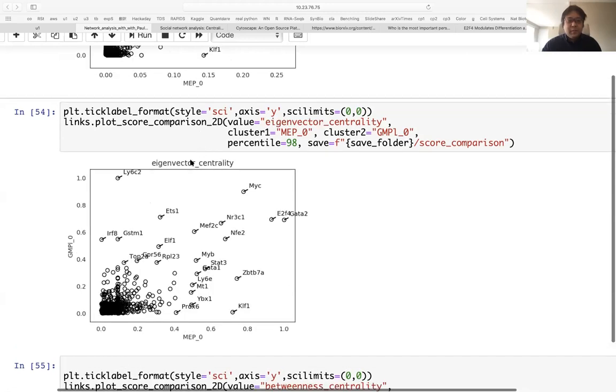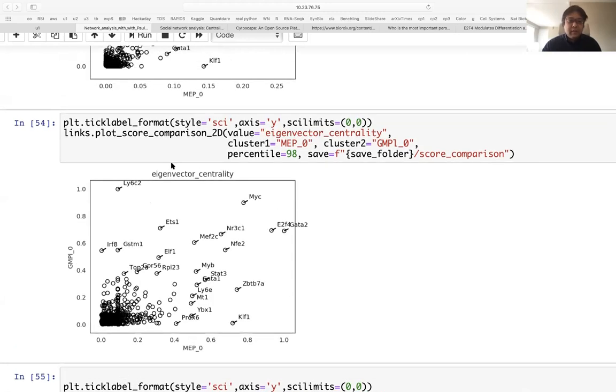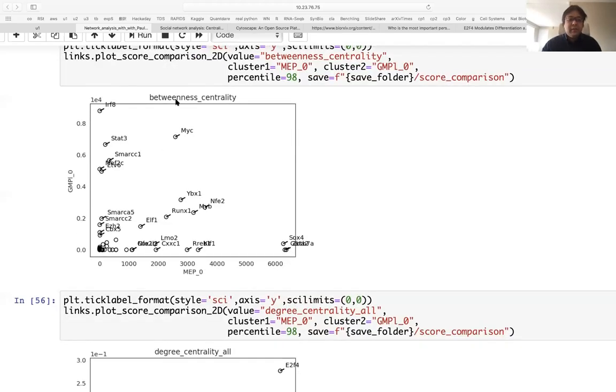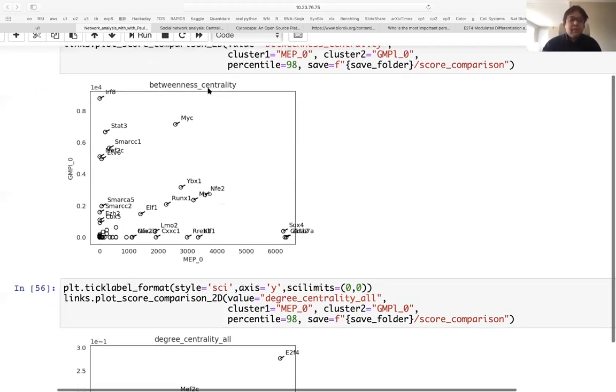So for example, the degree centrality is the number of edges, and it is normalized. But betweenness centrality is not a normalized score, so it can be like 6,000 or 3,000.